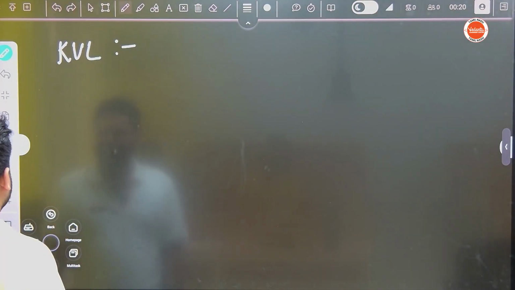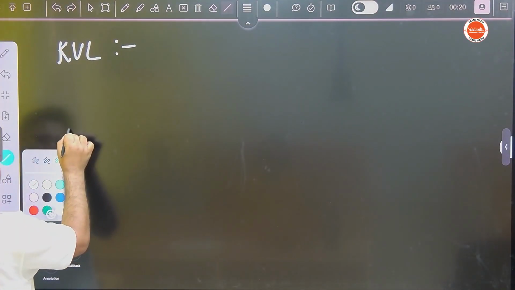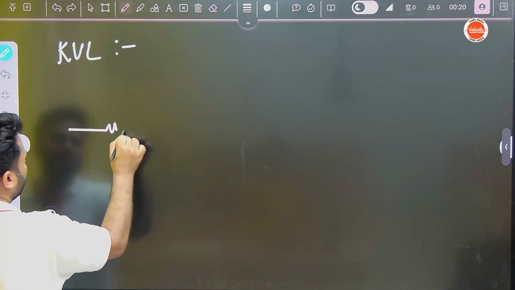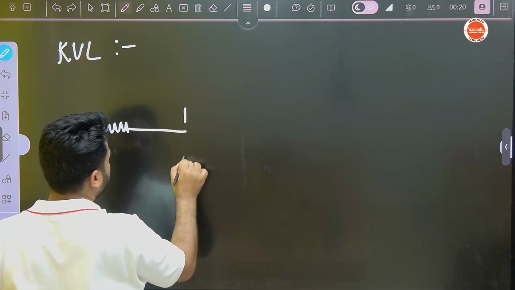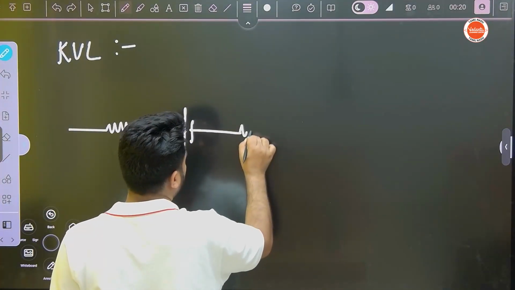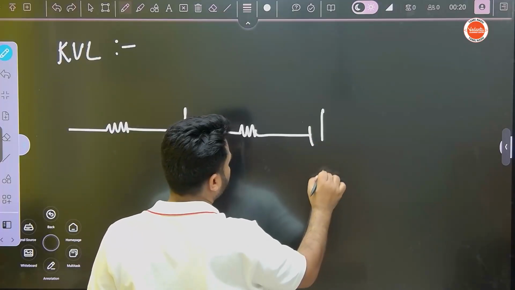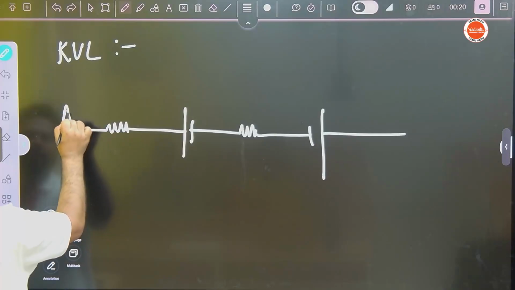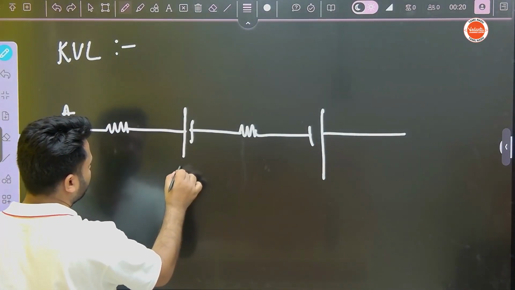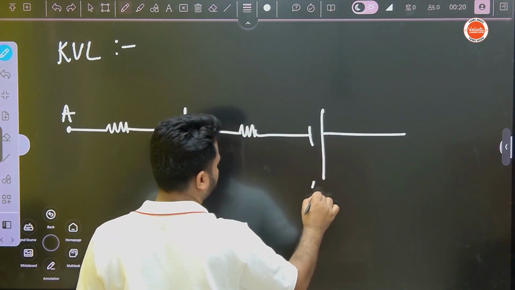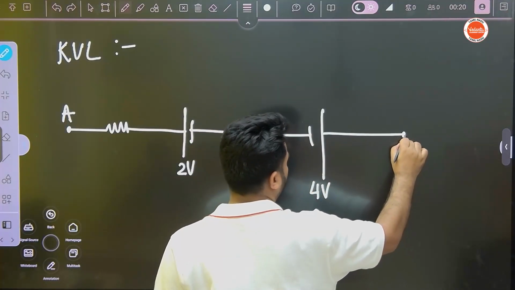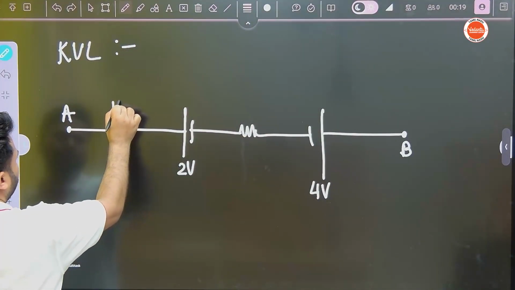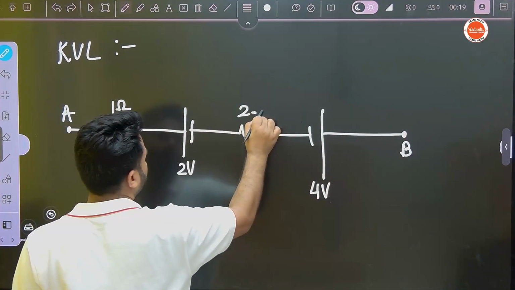See, these are very easy things. For example, suppose we have this is point A, this is 2 volt, this is 4 volt, this is point B, this is 1 ohm, this is 2 ohm.